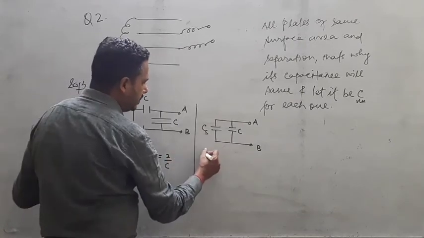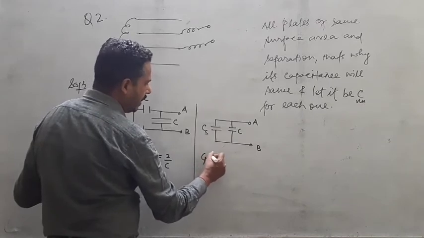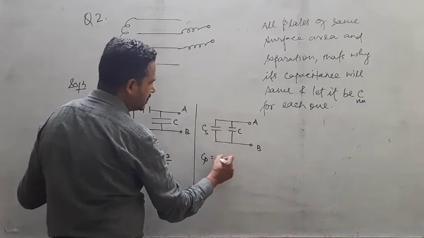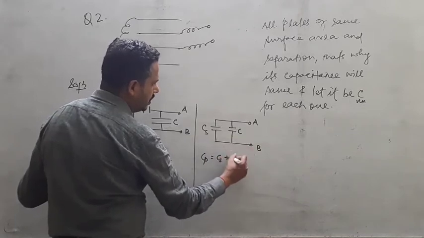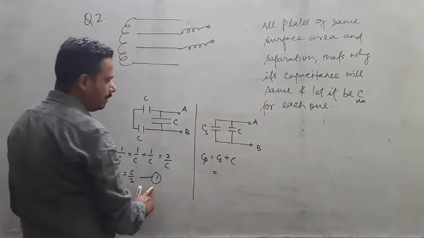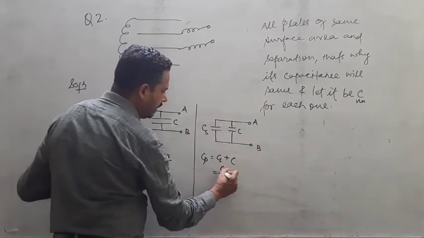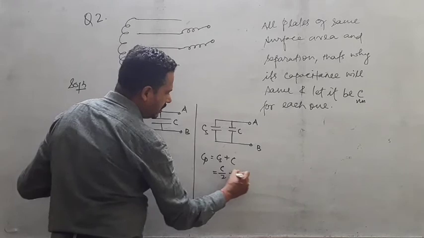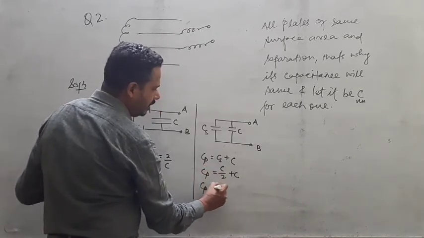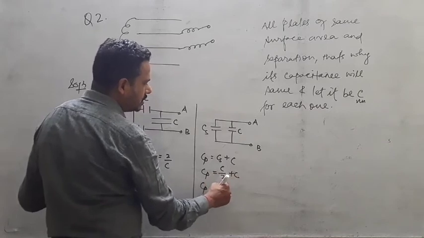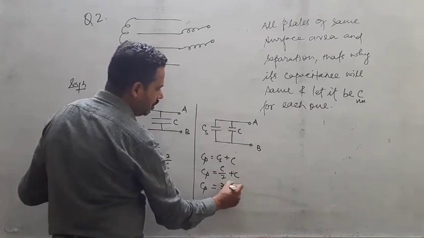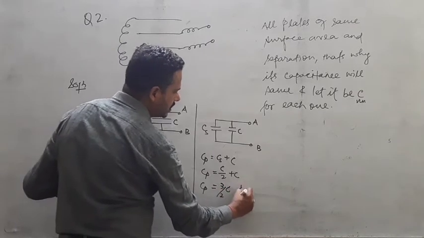So your Cp, if parallel, is C1 plus C2, where C1 is Cs and C2 is C. Now put the value of Cs from equation 1. What will you get? C by 2 plus C. After calculation, 1 plus half is 3 by 2, so Cp will be 3 by 2 of C, and this is your answer.